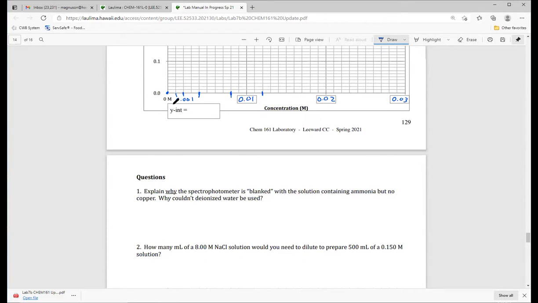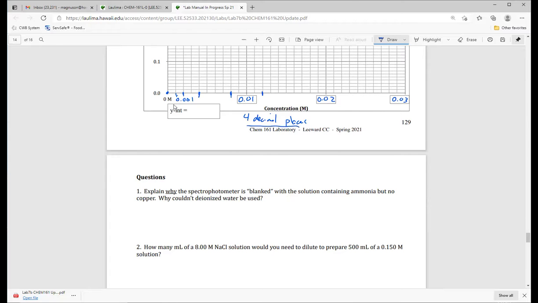So thinking about these units, if each box is 0.001, remember we can estimate between the smallest marking. So for the concentration, we can record to 4 decimal places, because each marking is 3 decimal places and we can estimate between each marking.